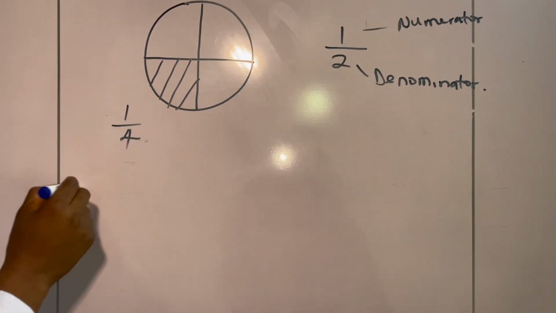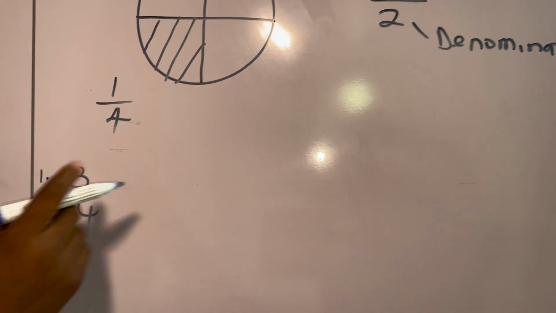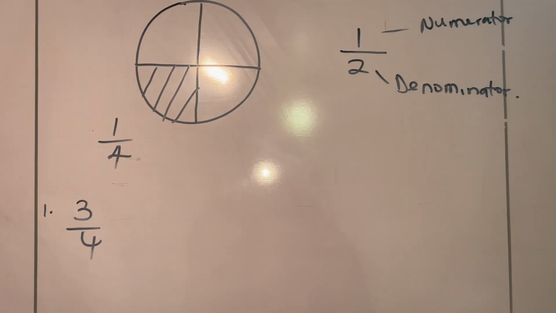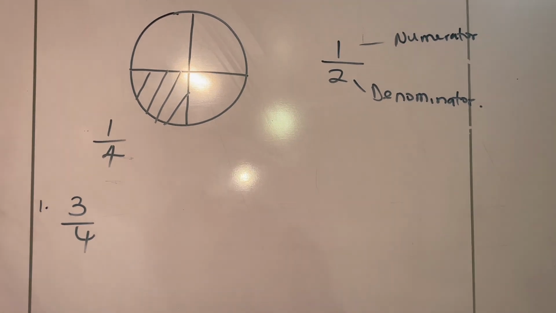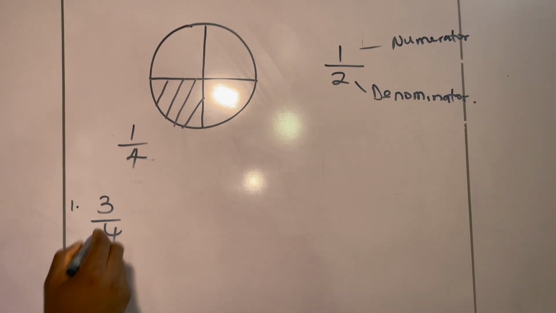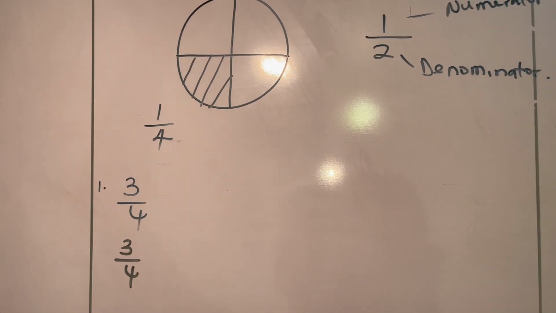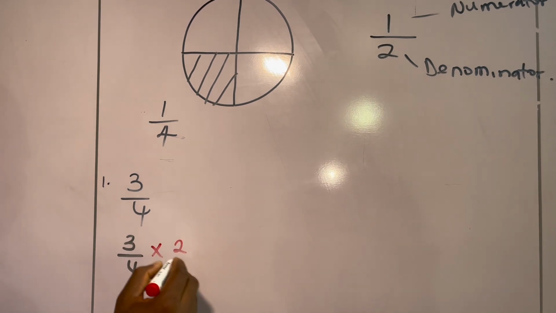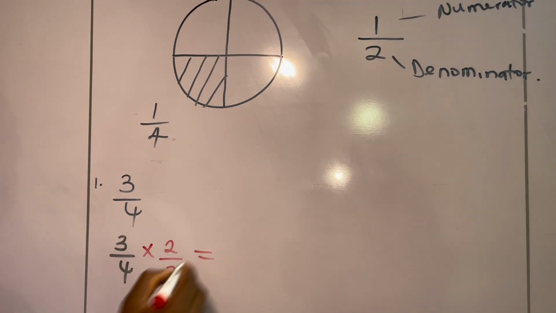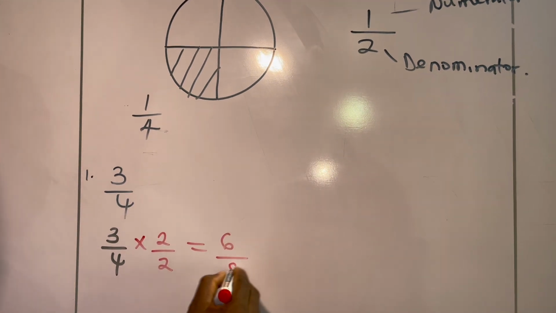For the first example, we are to find the first 3 equivalents of 3/4. Let me change the marker. I'll multiply 3/4 by 2/2. 3 times 2 gives me 6, 4 times 2 gives me 8.